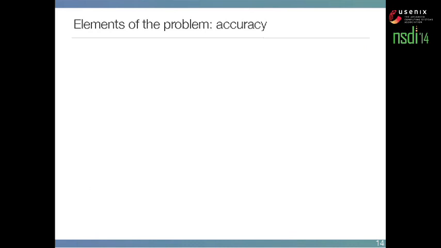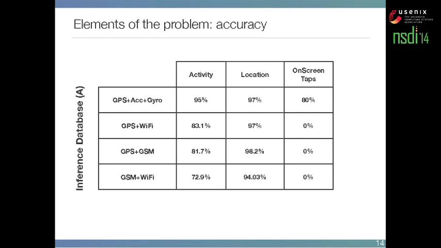Now, we introduced two new elements in this problem definition. The first one was accuracy of the inferences. To create a search space over which we could run our optimization problem, we created this inference database. So what this table stores is the maximum accuracy with which a particular sensor combination can be used to derive a particular inference.